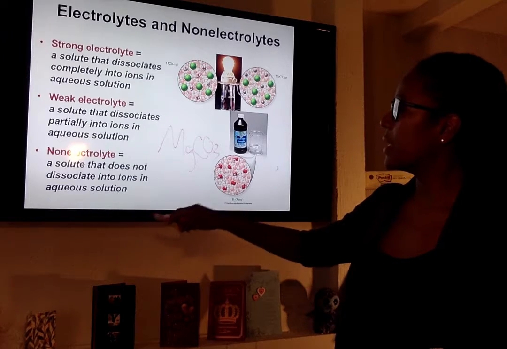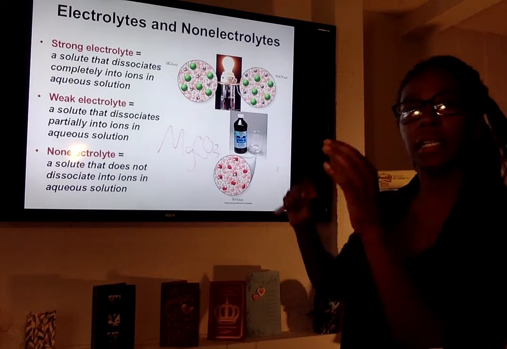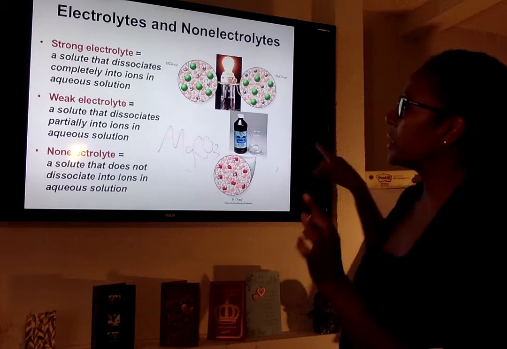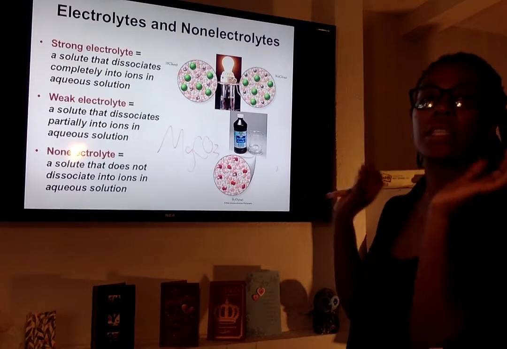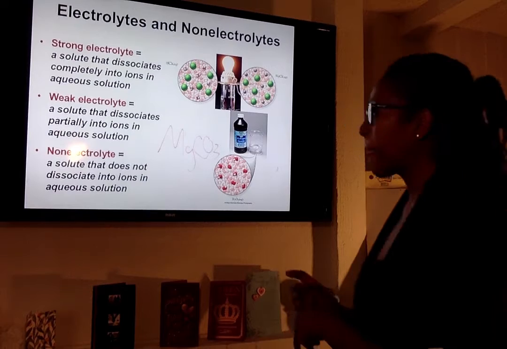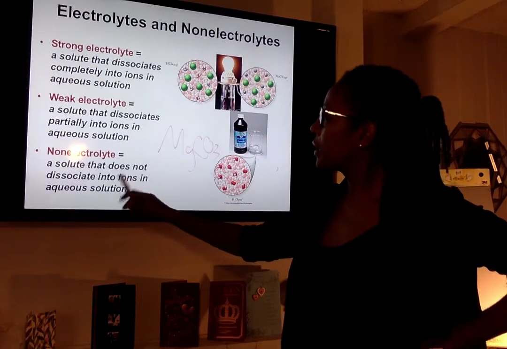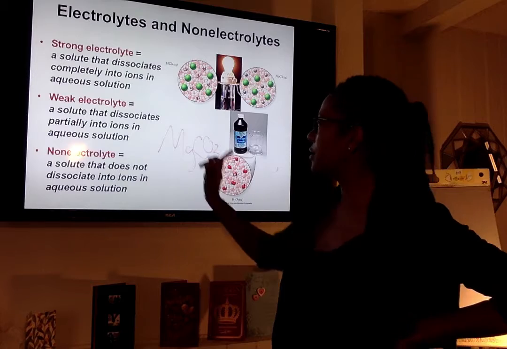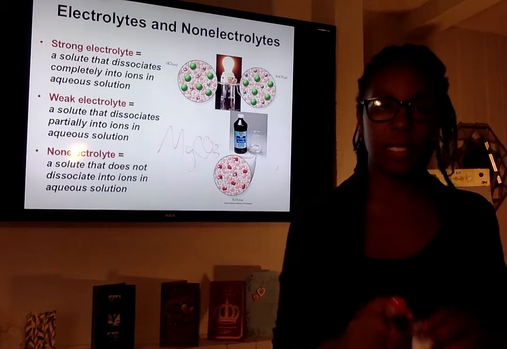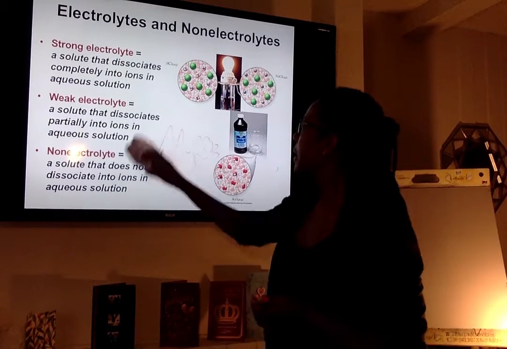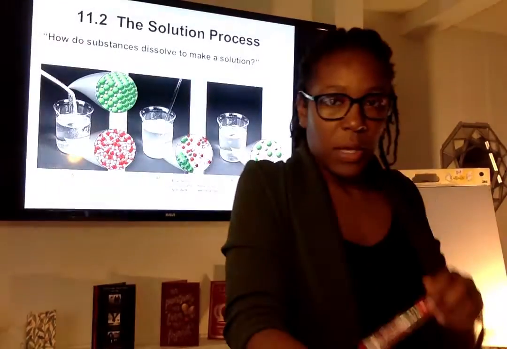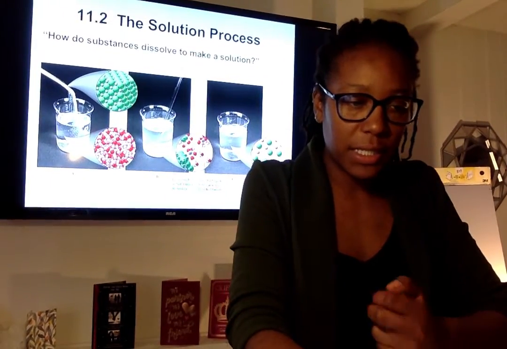An electrolyte is when it dissociates into its ions completely, okay? So when it's non-electrolyte, it doesn't at all. It does not dissociate into its aqueous ions. So it would be something that is insoluble, like this magnesium carbonate.